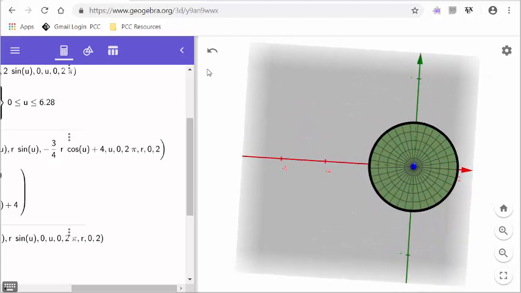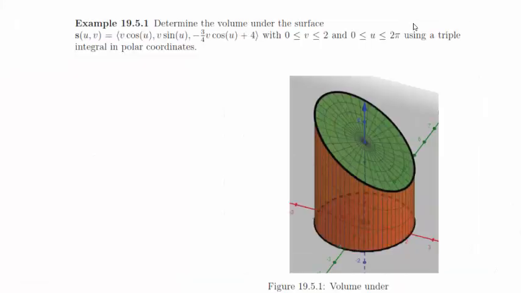So if I want to take this and set this up in a triple integral using polar coordinates, I recognize that this surface has x equals r cosine of theta and y equals r sine of theta, with 0 less than or equal to r less than or equal to 2, and 0 less than or equal to theta less than or equal to 2 pi, which is really what the restrictions on v and u are, because my v and my u are just my r and my theta.